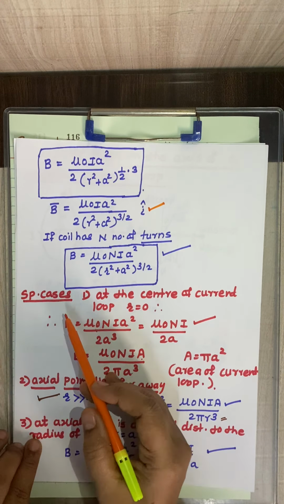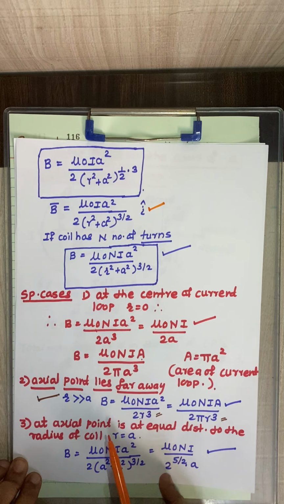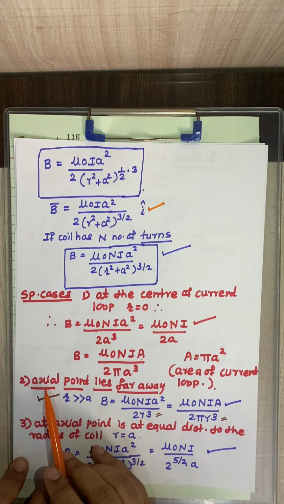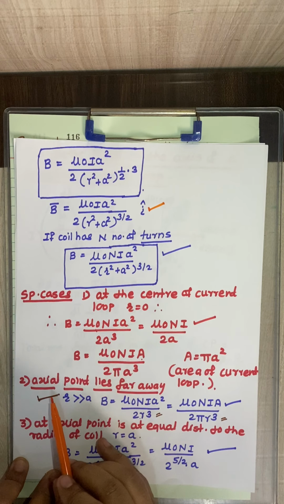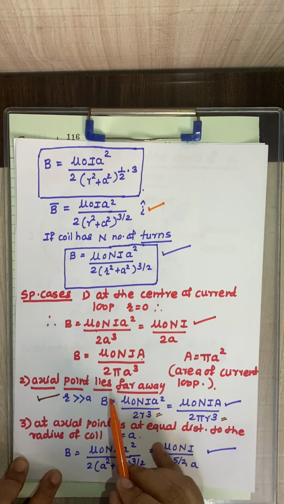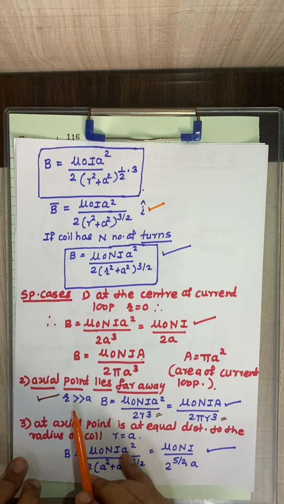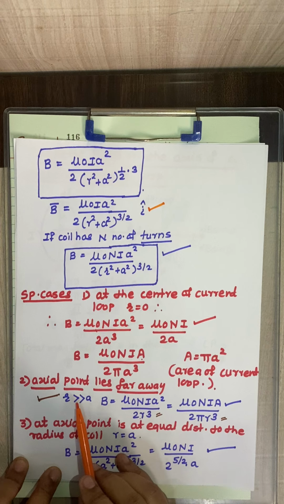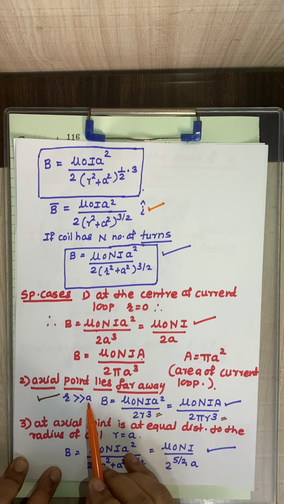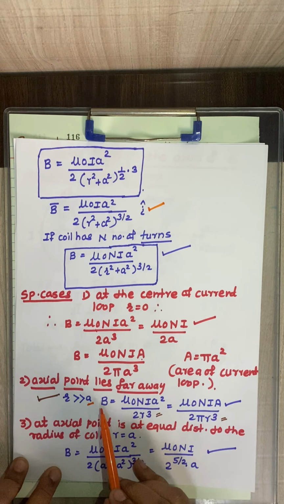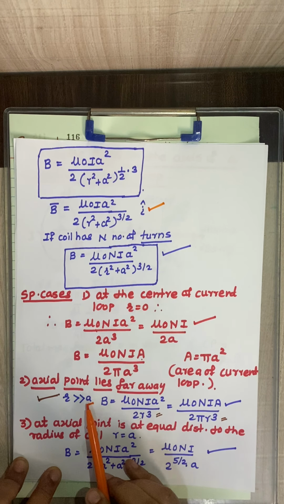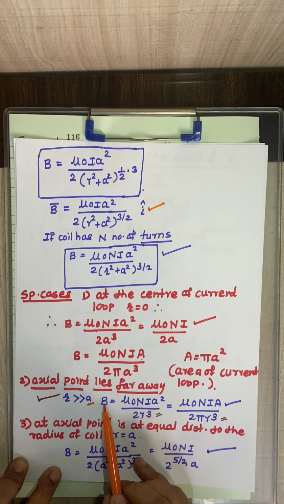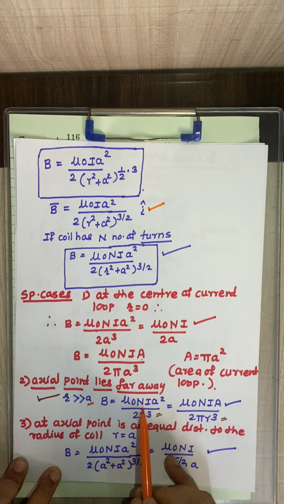While considering the special cases, if you remember, special case 2 was when the axial point lies far away. When the axial point lies very far away, r is very much greater than the radius of the loop, so we did not consider a, and we got the formula B is equal to mu naught n I a square upon 2 r cube, where n stands for the number of turns.